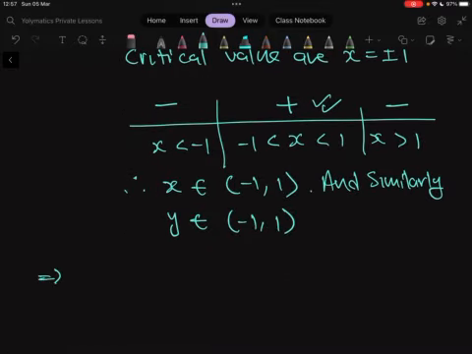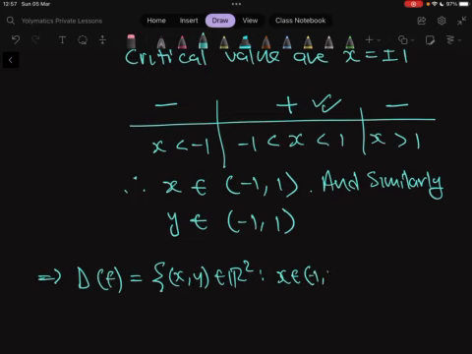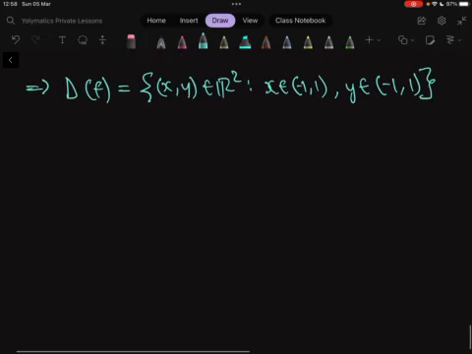This implies the domain of f that we're looking for is made up of all points (x,y) in R squared such that x is an element from minus 1 to 1, and y is also an element from minus 1 to 1. Now how do we sketch this region?